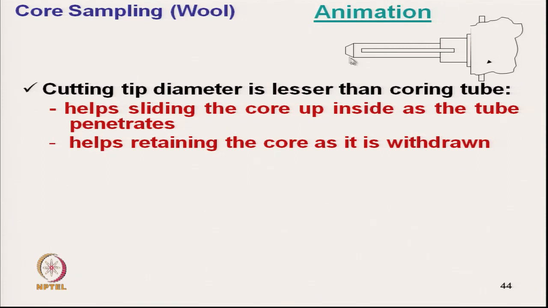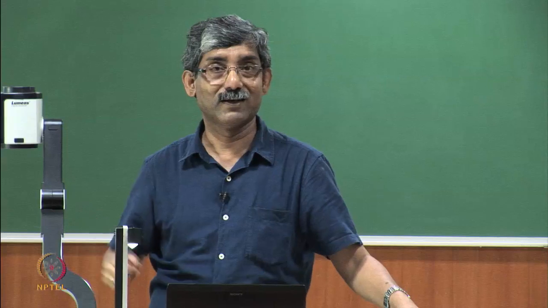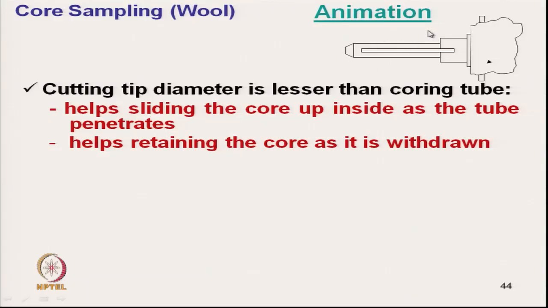When the coring tube is withdrawn, the core should be inside the coring tube and should not come back. As the tip is smaller in size, after penetrating, the core gets expanded, and so when the coring tube is withdrawn, the core remains in the coring tube.